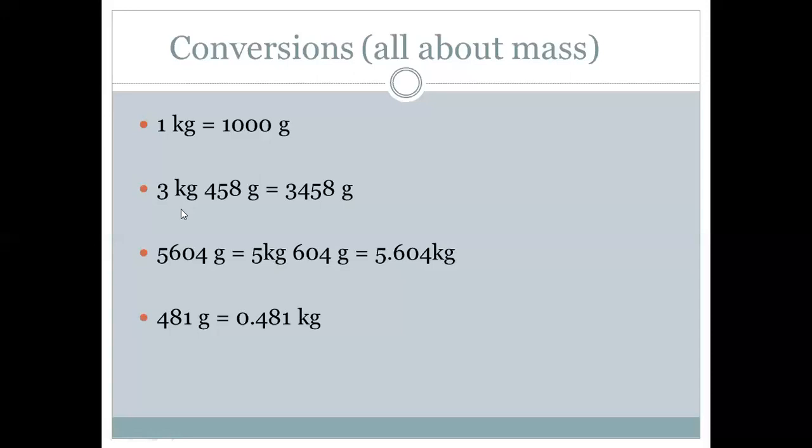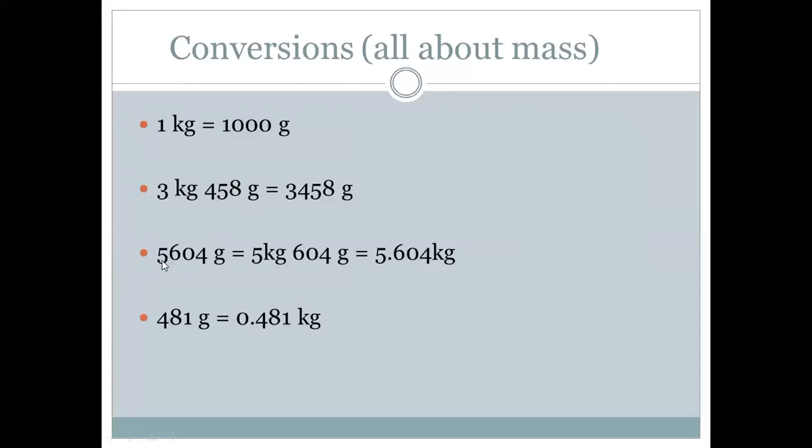And then I add the 3,000 grams to the 458 grams, so I end up having 3,458 grams. And please, please, please remember to write down the measuring units. Remember when I always tell you: 3,458 what? Potatoes? Tomatoes? No, grams. Good job.